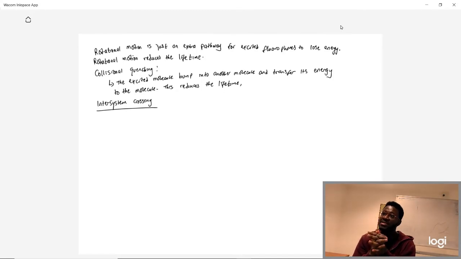What is intersystem crossing? From S1 to T1. So the state changes. Yeah, there are changes, but that's not the important part.